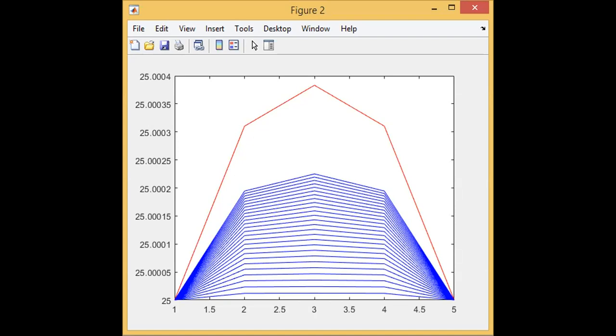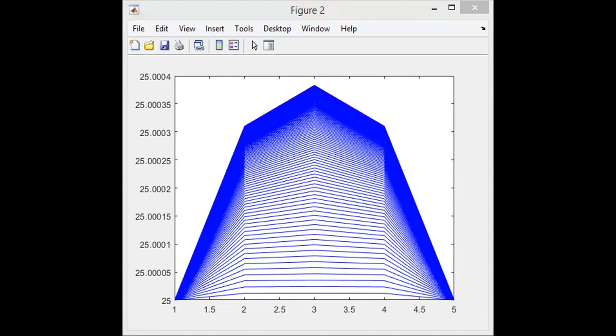Which means that the value of temperature change for any particular node is getting reduced.